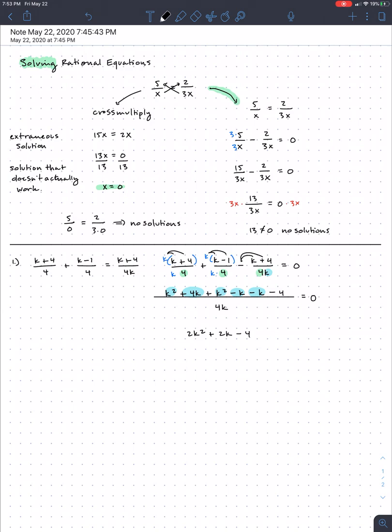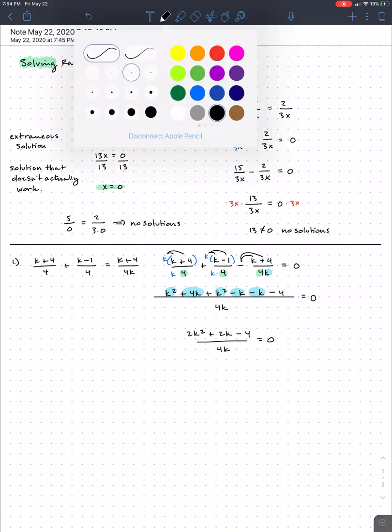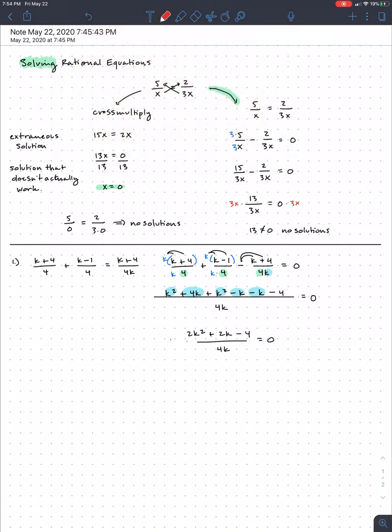And that is all over 4k. Just like before, I can multiply both sides by my denominator. And I'm left with 2k squared plus 2k minus 4 equals 0.